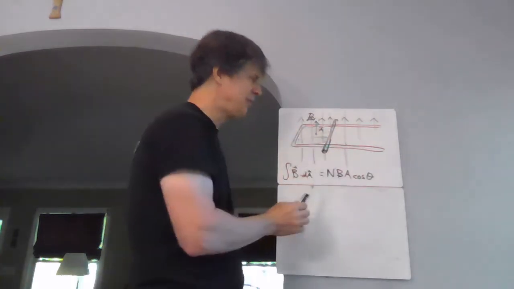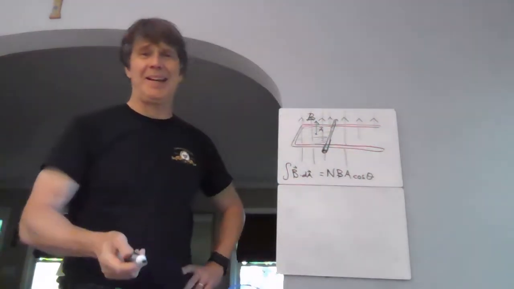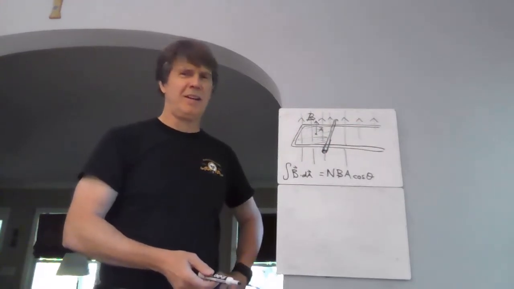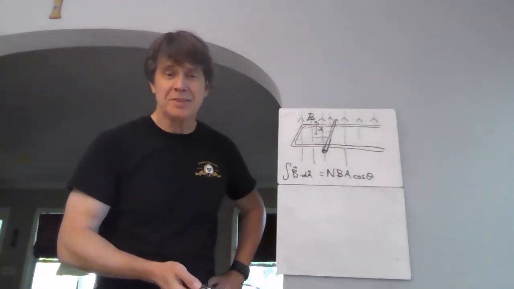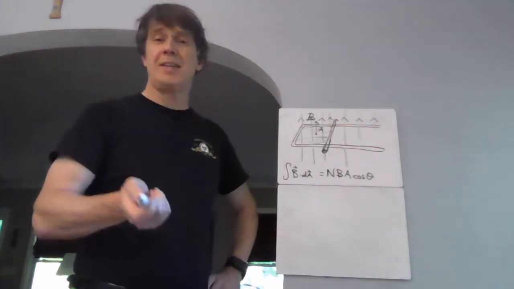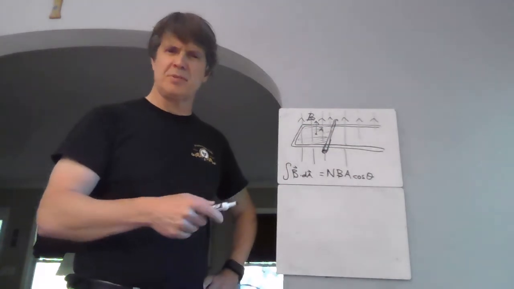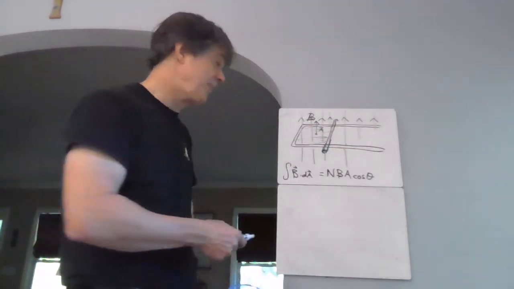So here we do get the full effect when it's sticking straight out. That's easy to remember: NBA, though that usually means National Basketball Association. Anyway, the flux is NBA cosine theta, and it's measured in tesla square meters, which are webers.